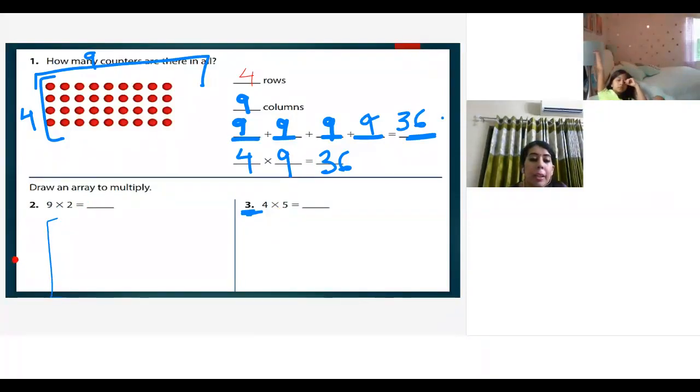So here it comes out to be 9 and here it comes out to be 2. Got it? So how am I going to draw, mark it? See, 1, 2, 3, 4, 5. 1, 2, 3.